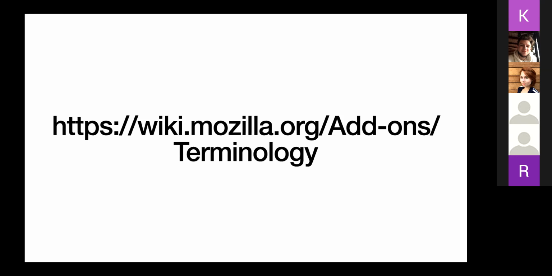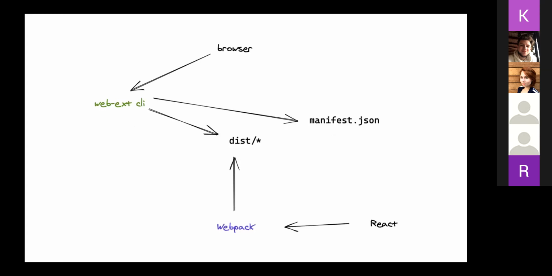Okay, so the basic idea of how everything is working here. First, you have a React application, and the React is compiled by Webpack to this dist folder. And there is another thing called WebExtension, which is looking into two files. The first file is manifest.json.